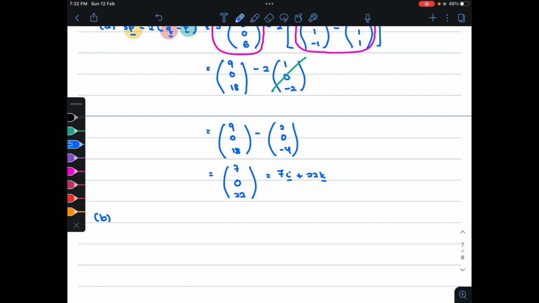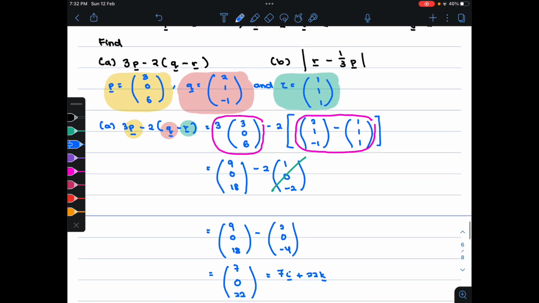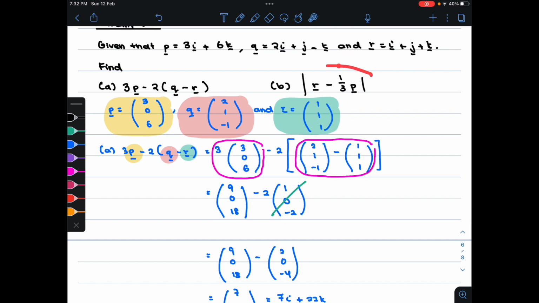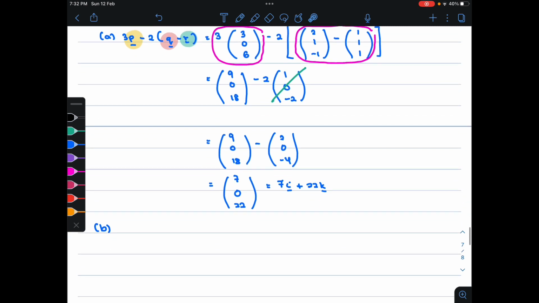Next, for part B, we need to find this. So note that here we have the modulus. Therefore, for this part, we need to find the magnitude of R minus 1/3 P. So I'm going to do that first before we find the magnitude.